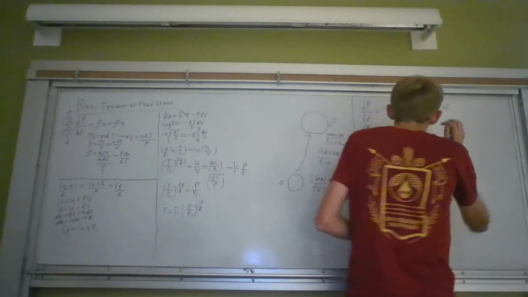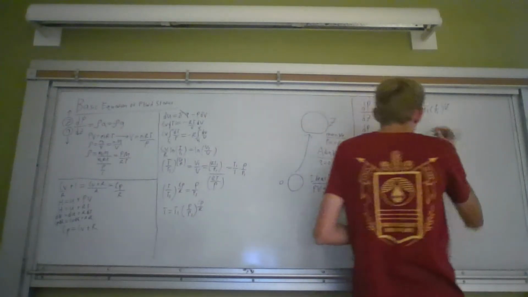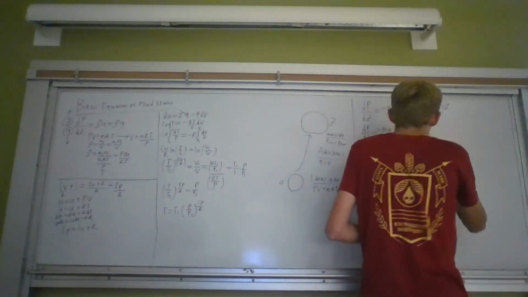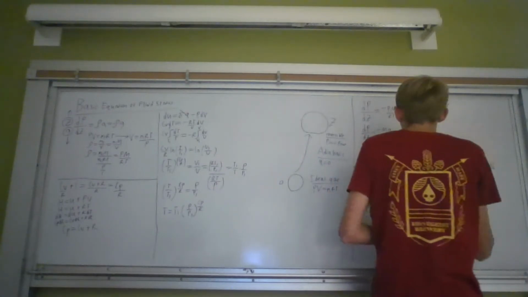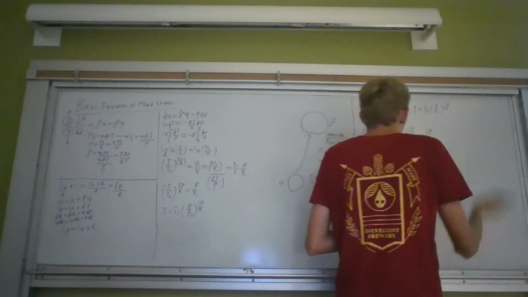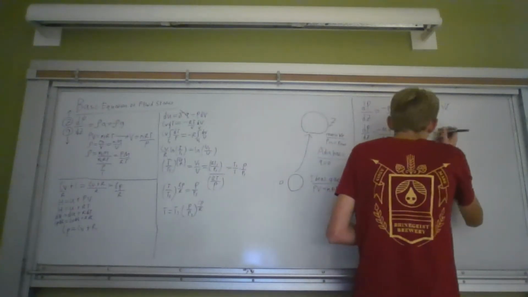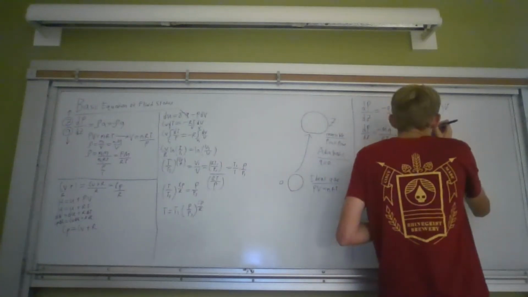And then that is going to be multiplied by our pressure at 1, and multiplied by our constant pressure at R.